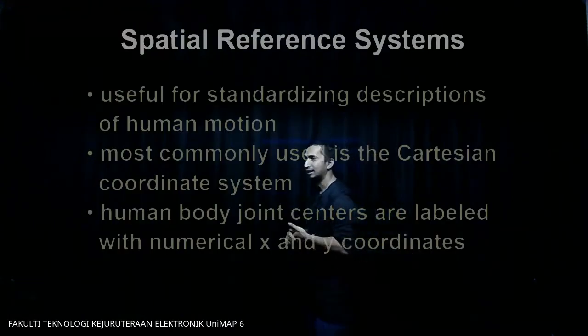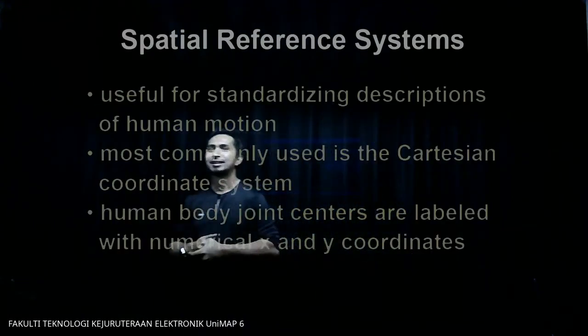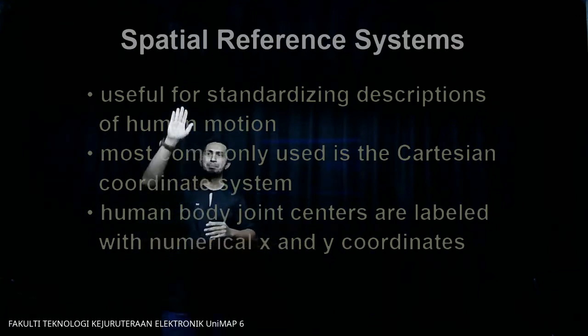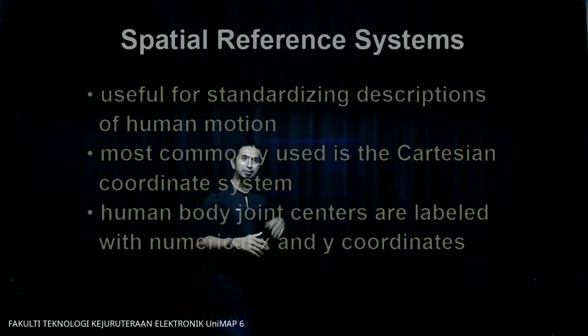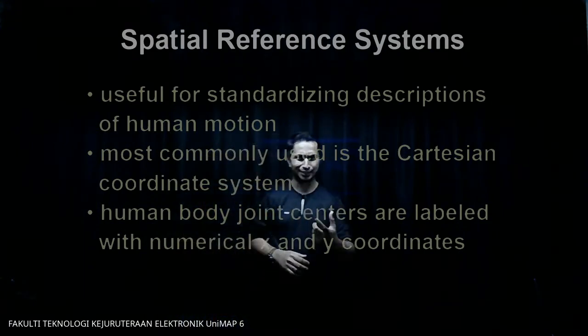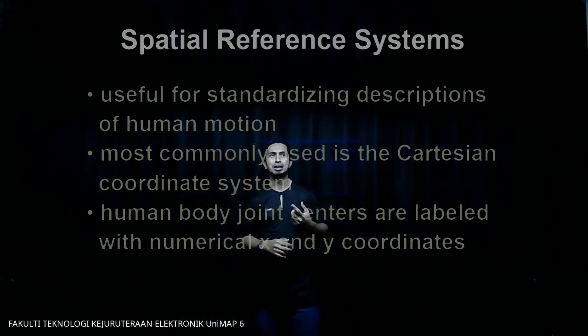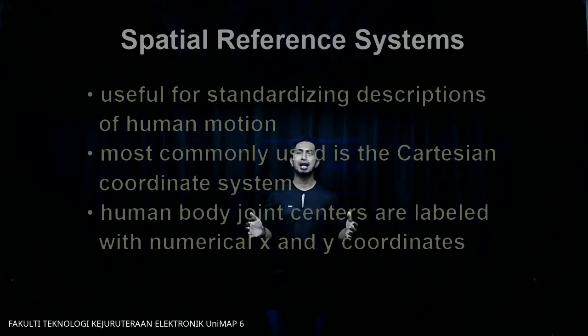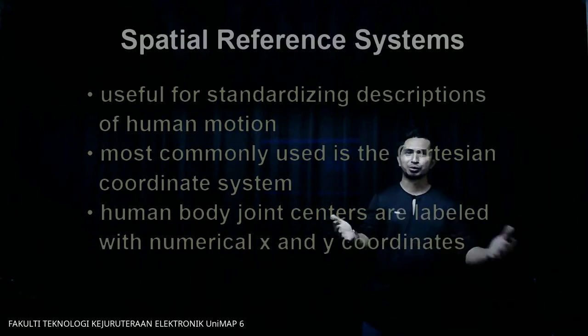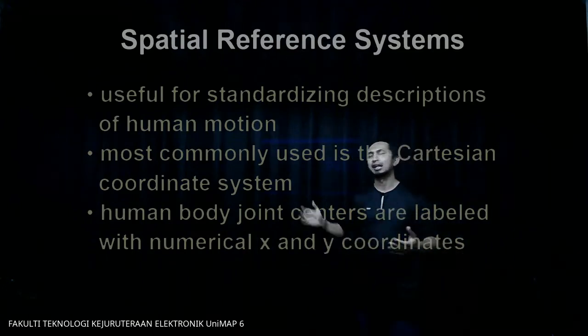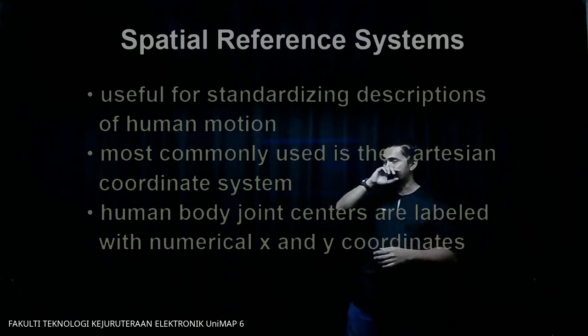Okay, ni dah subtopic terakhir ni. The last subtopic. Spatial reference system. What is spatial reference system? In mathematics, mostly in mathematics, we use Cartesian coordinate system. So that is what the lecturer said, or the name given by the lecturer.